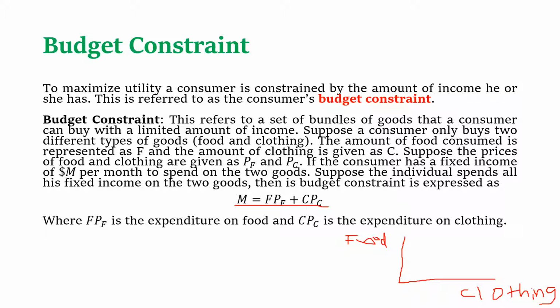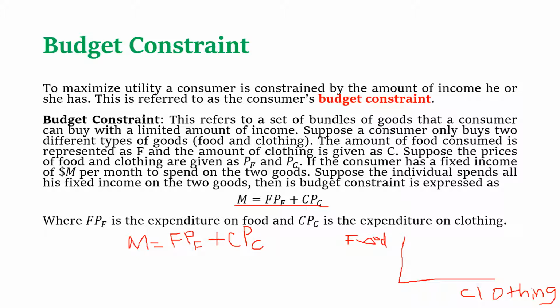What is the intercept here on the food axis? So we have M here. This is our income, and that is equal to what? FPF plus what? CPC, right?